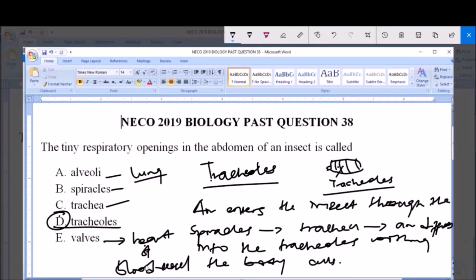Valves help to prevent the backflow of blood, while alveolar helps in gaseous exchange in the lungs. But the spiracles, the trachea and the tracheals are concerned with insects. But then the tracheals are the respiratory openings in the abdomen of an insect, and that is option D. So option D is the correct answer to this question.